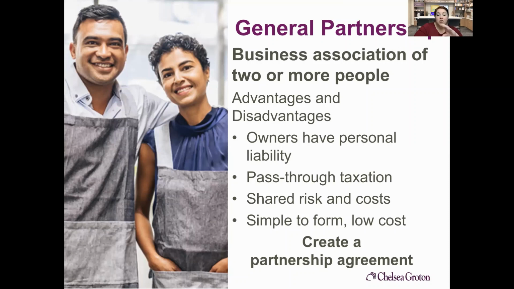That means you can each be held personally liable for the entire amount of an obligation in the partnership. Insurance, again, and really great attorney-drawn contracts can mitigate most of the risk for a general partnership.